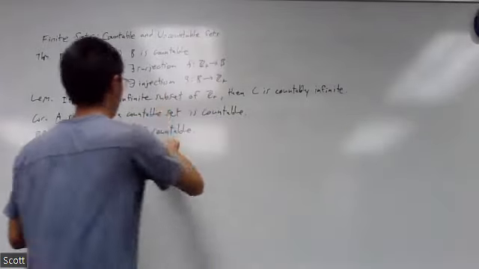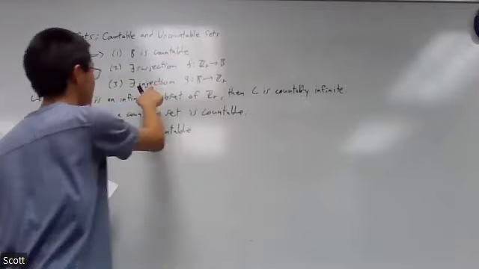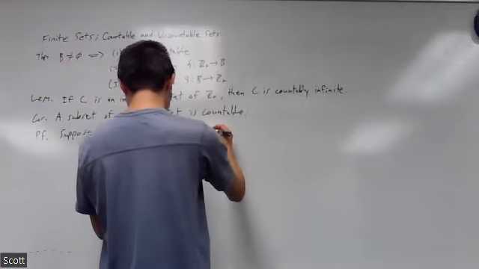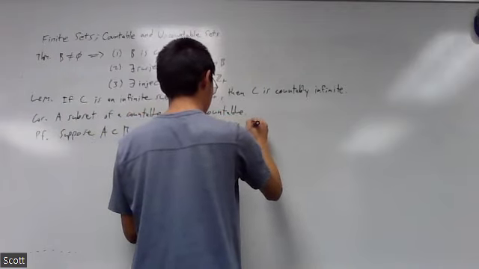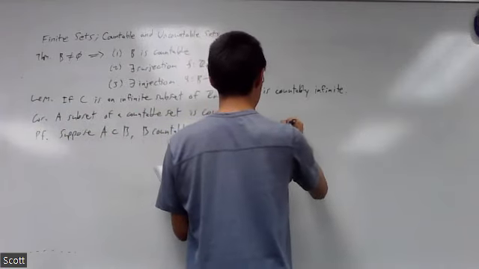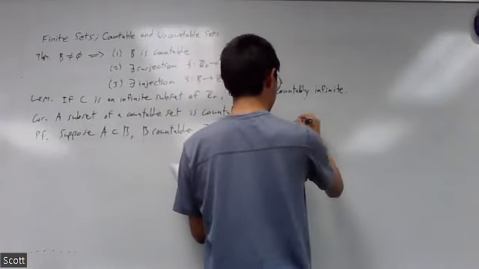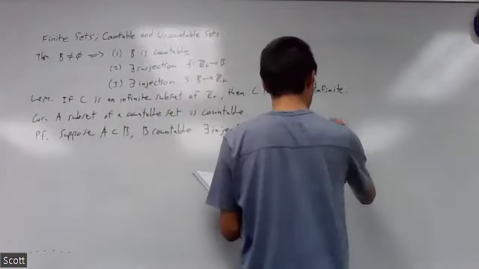So if this is the case, we can cite this theorem and say, okay, if B is countable, then there's going to exist an injection. To be countable, we're going to take the set, and that's going to be one-to-one with the integers.